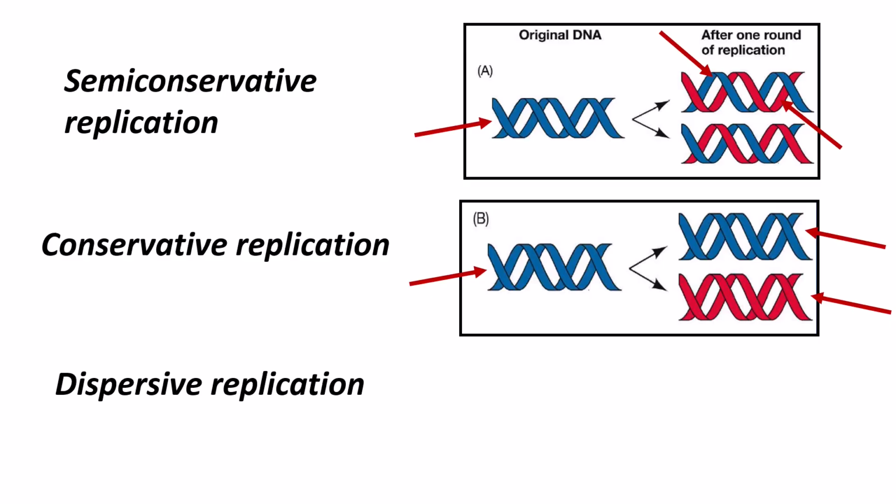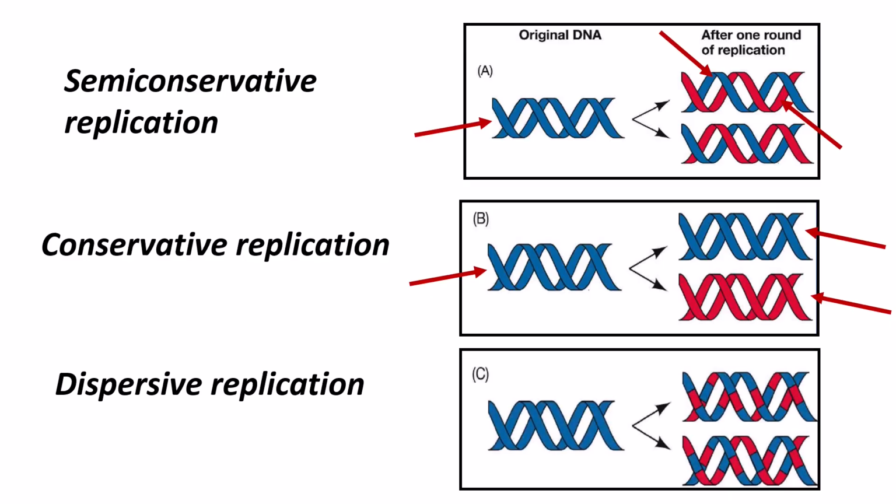The third model is the dispersive model of replication. According to the dispersive model of replication, the parental DNA is broken into segments and both daughter DNA duplexes contain fragments of old and new DNA. Each strand in the daughter DNA would be a patchwork of parental and newly synthesized segments.